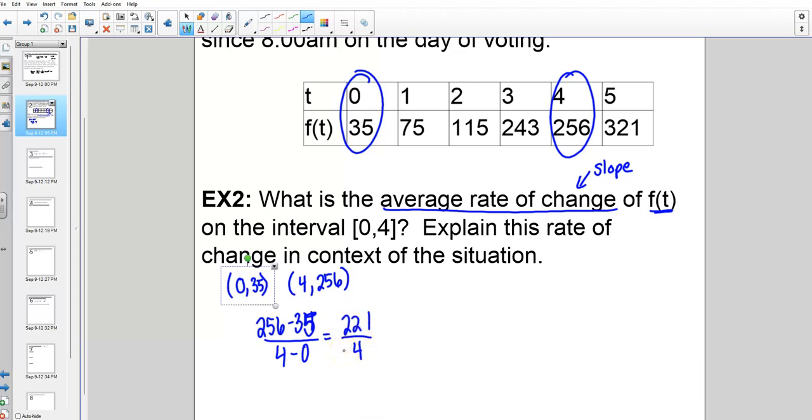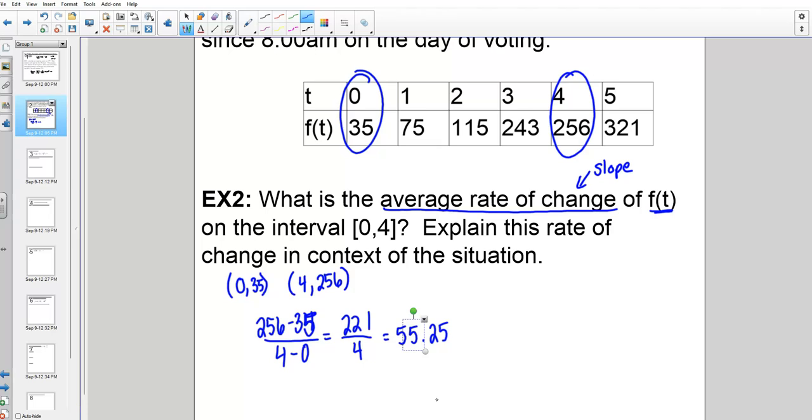And if we do 221 divided by 4, we're going to get 55.25.